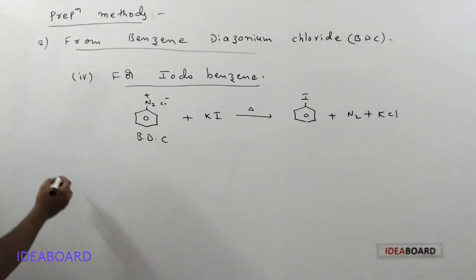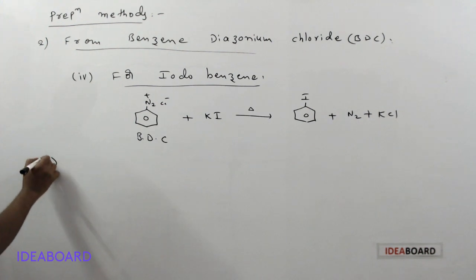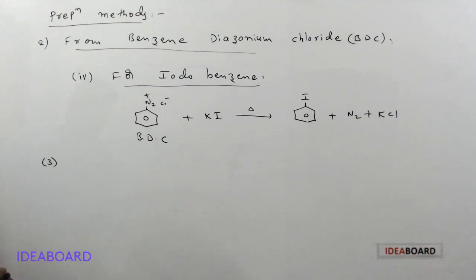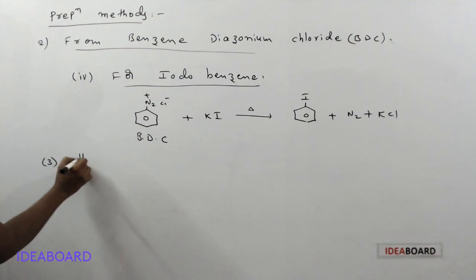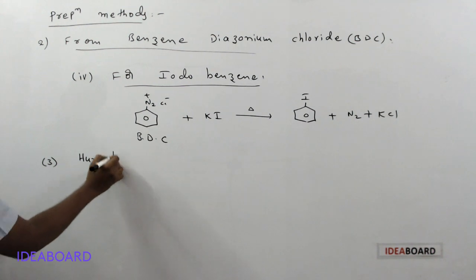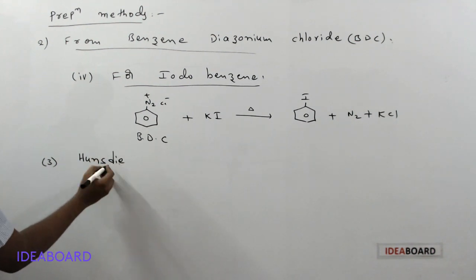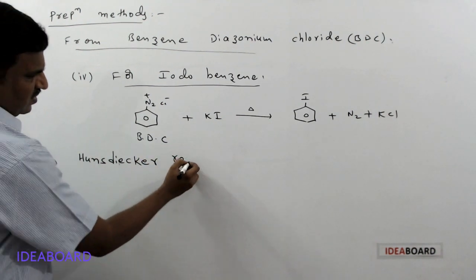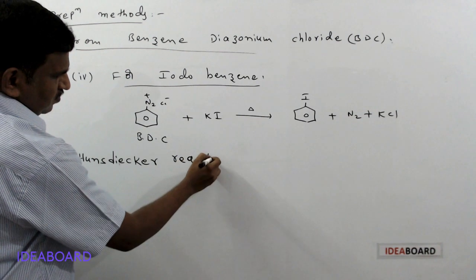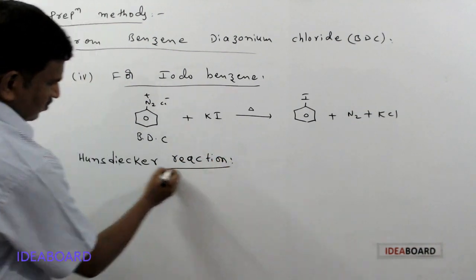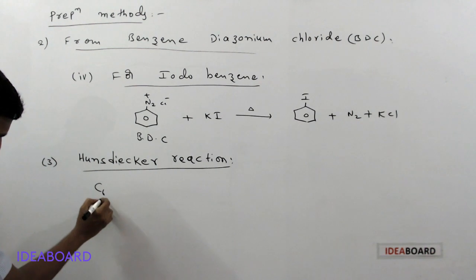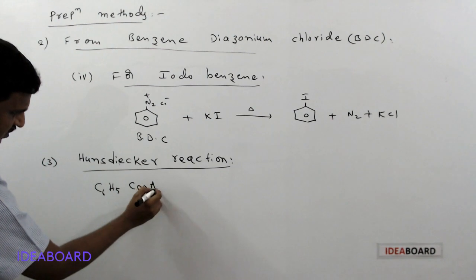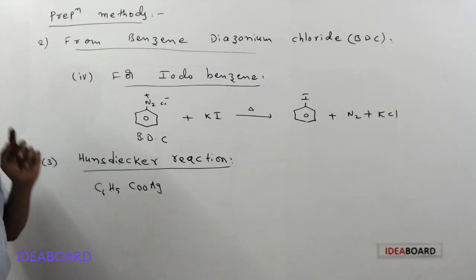Next, another method: the preparation of halobenzene by using the Hunsdiecker reaction. The Hunsdiecker reaction means we are taking C6H5COOAg, which is called silver benzoate.